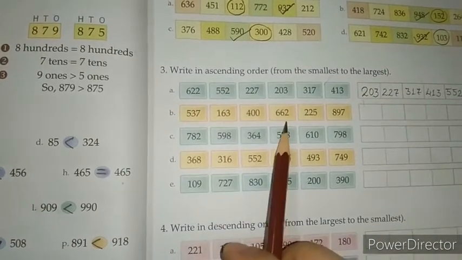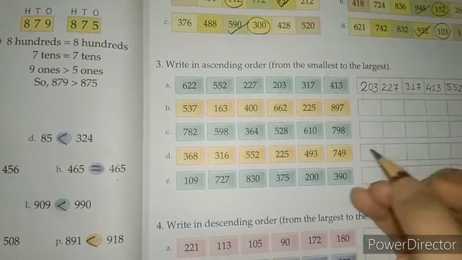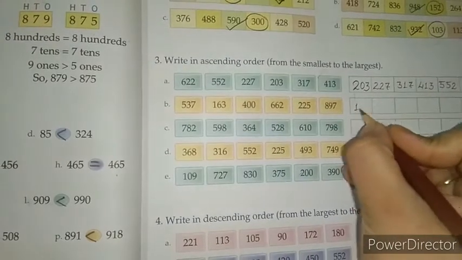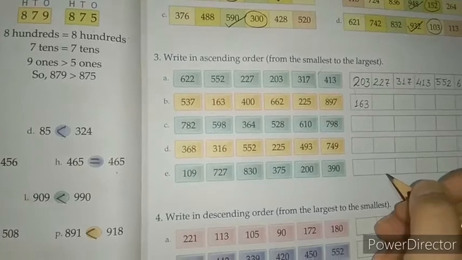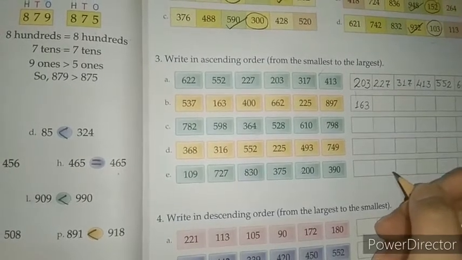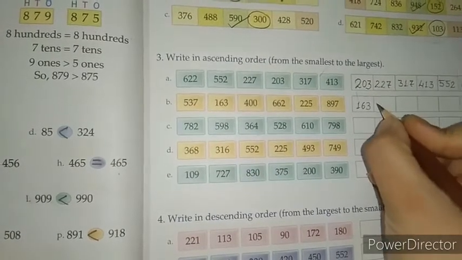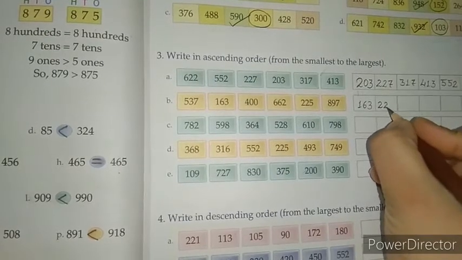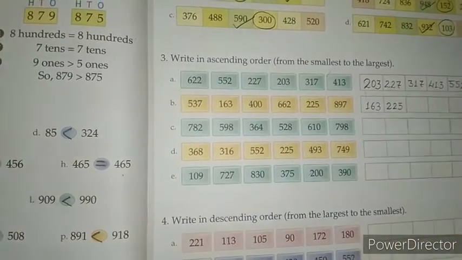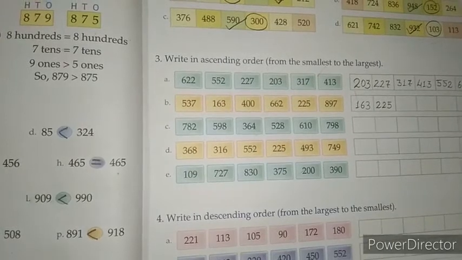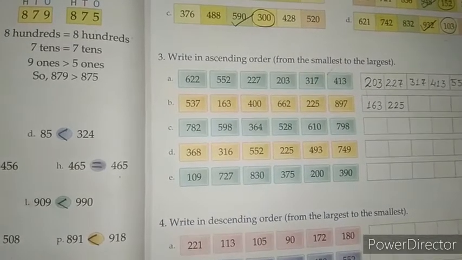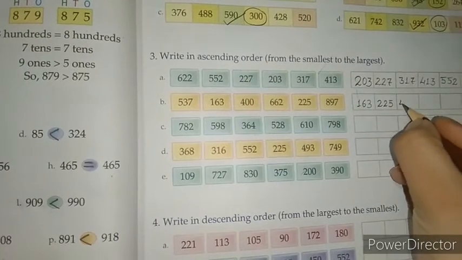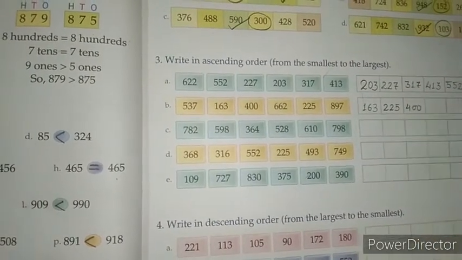Look in this series, which is the smallest number? 163. After 163, we will write 225. After 225, we will write 400.